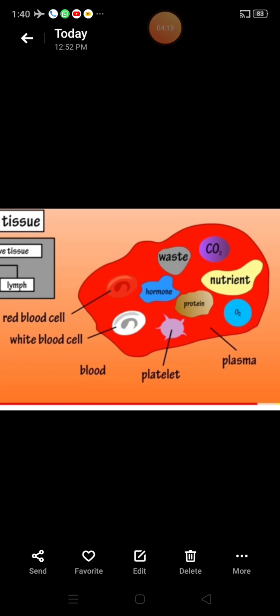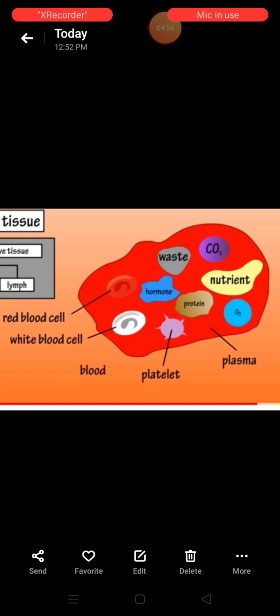Question number 2: What is the nature of matrix in blood? And the third one is what are the main functions of the blood? You can see the picture; all your answers are related with this picture.